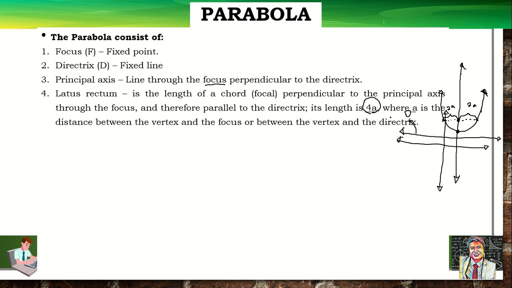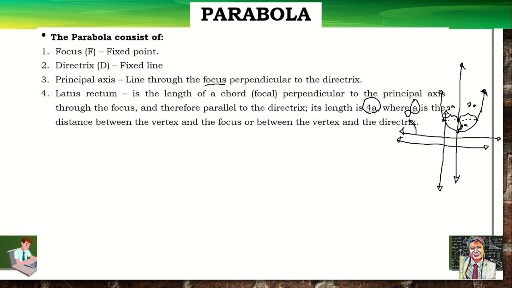Next, sabi, where a is the distance between the vertex and the focus. Kung ito yung focus, ito yung vertex, yung makukuha natin ay a, yung distance mula dito. And then, the distance between the vertex and the directrix.